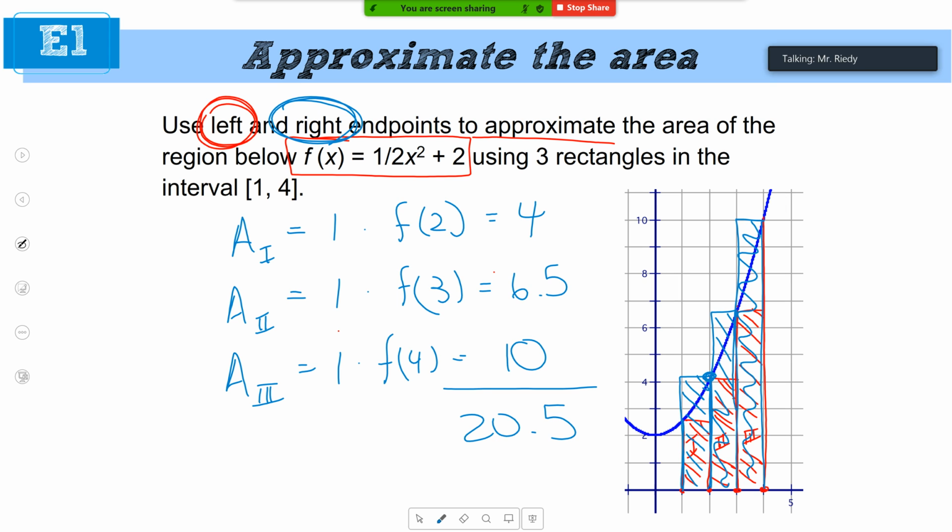Problems, questions, concerns, anything for the good of the cause? Easy peasy lemon squeezy, yes? Mr. D, I have a question. Is it always gonna tell us how many rectangles we have to do? First of all, I don't like to use the word always, but I understand what you're asking.